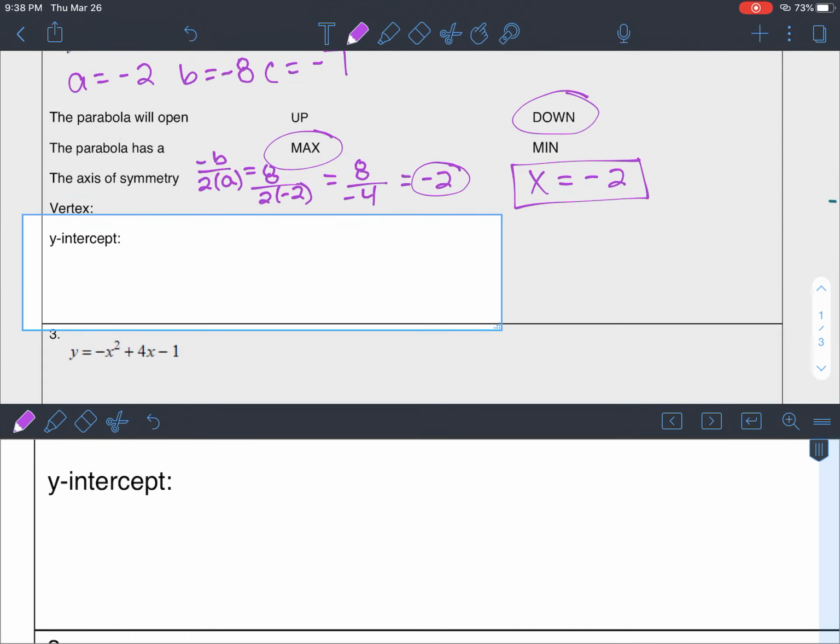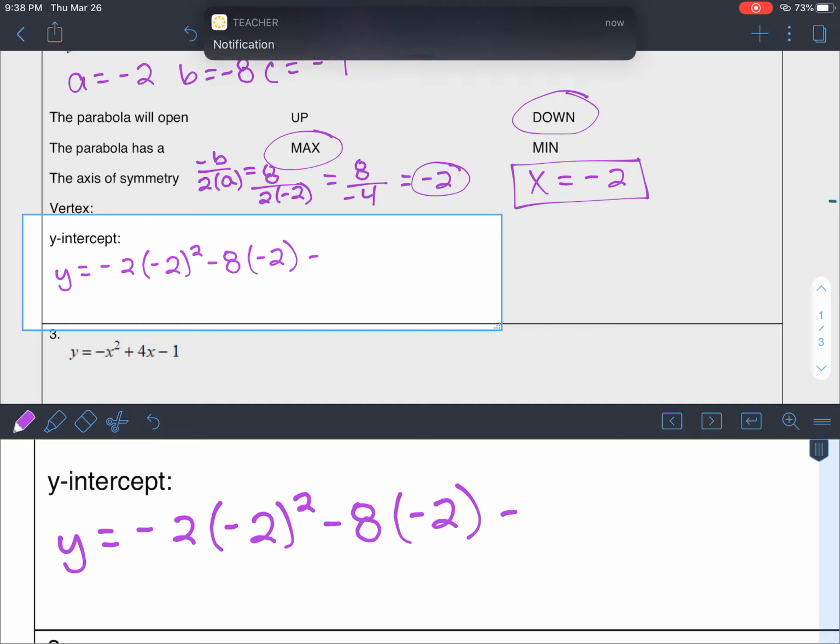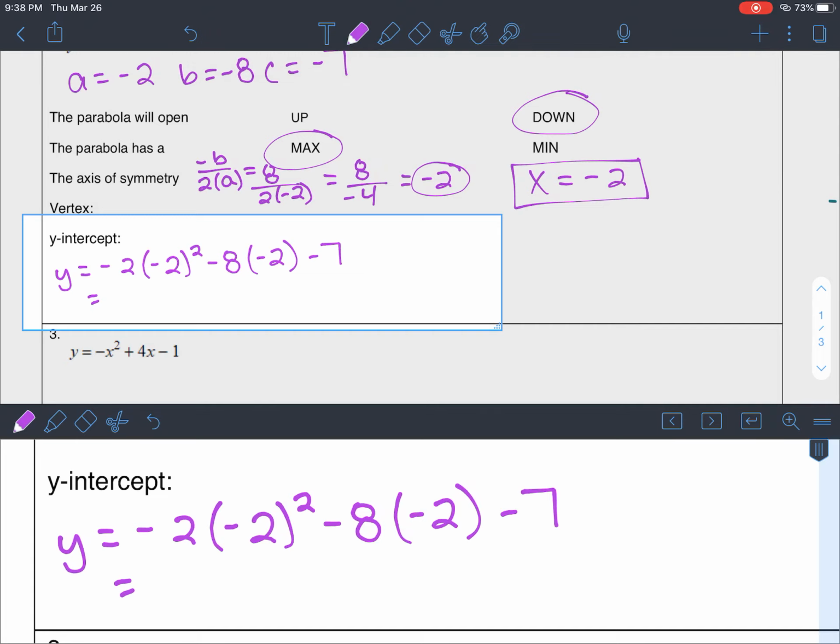Vertex, again, comes from plugging my axis of symmetry value into my equation. So y equals -2 times -2 squared minus 8 times -2 minus 7. So -2 squared is 4. 4 times -2 is -8. -8 times -2 is +16, and then minus 7.